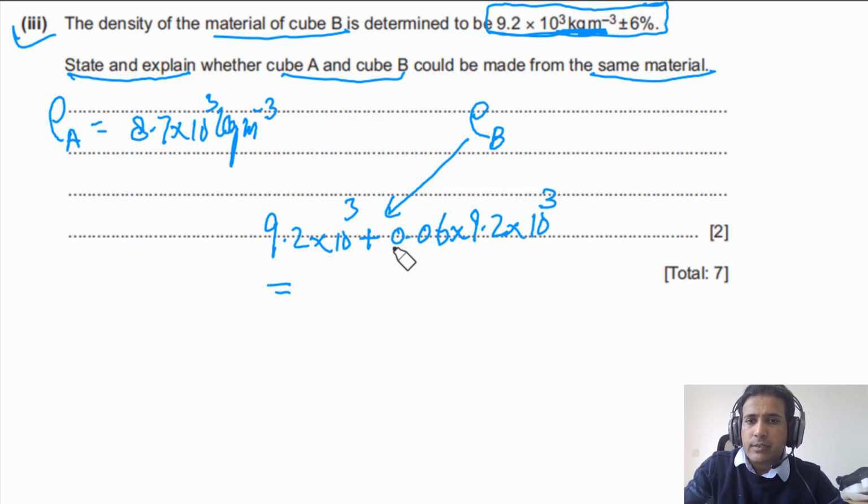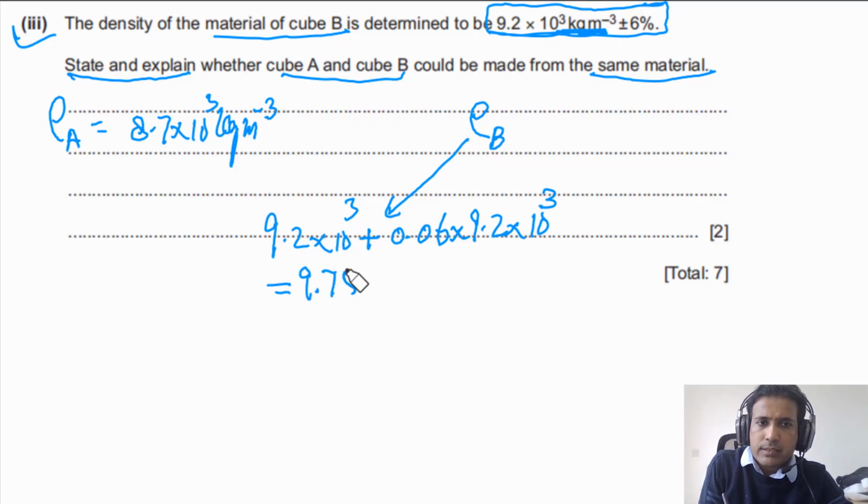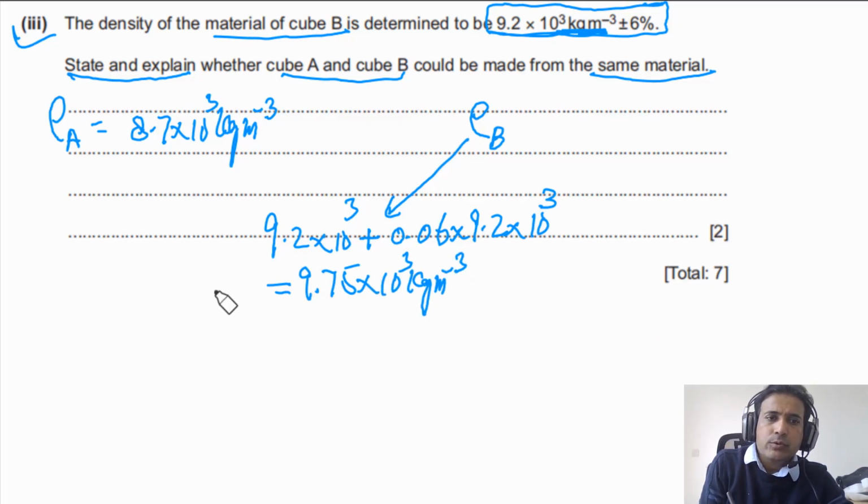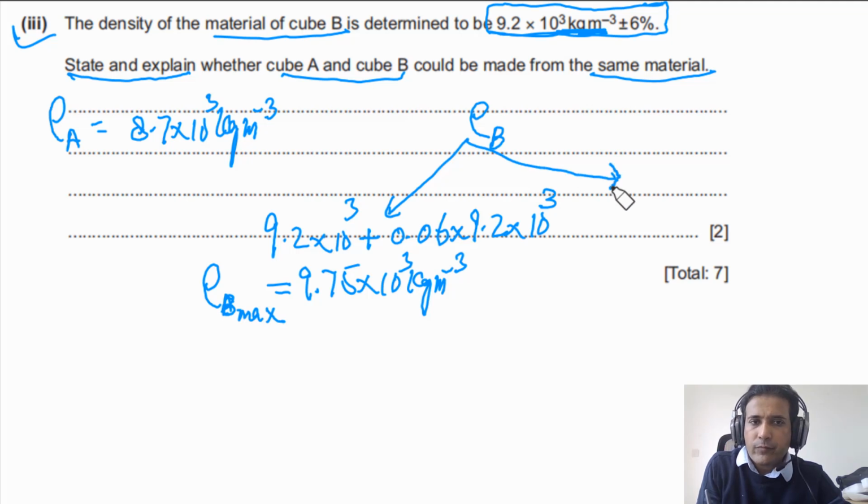If we simplify this, we will get 9.75 times 10 to the 3 kg per cubic meter. So this is the maximum value of the density of cube B. And what can be the minimum value?